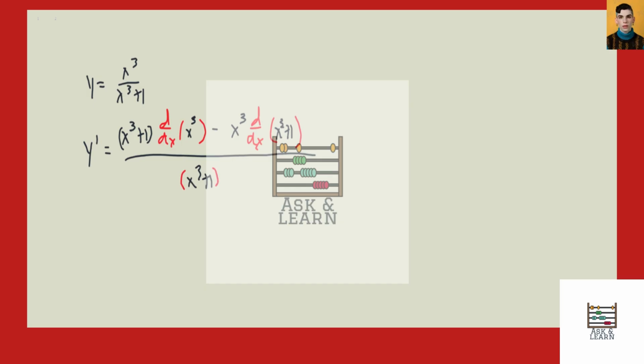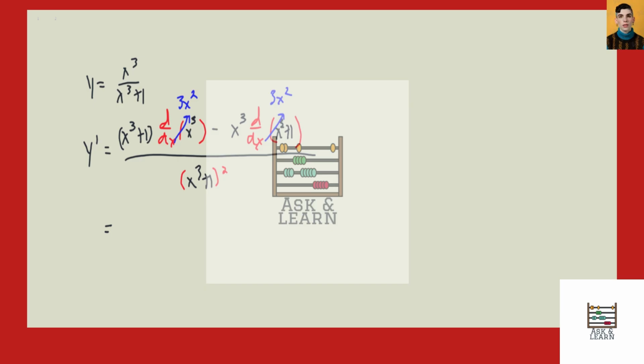And now we can go ahead and take the derivatives of x cubed, which is going to be power rule to give us 3x squared. And again, we'll get the same derivative for x cubed plus 1 since the derivative of 1 is just going to be 0.